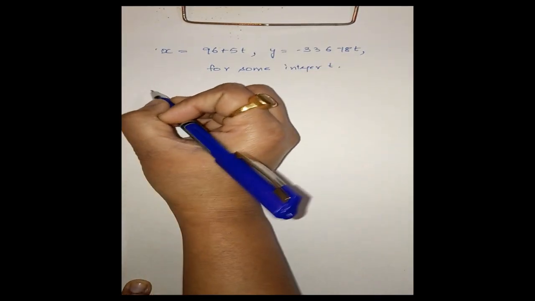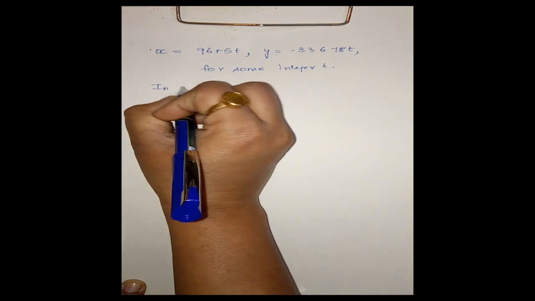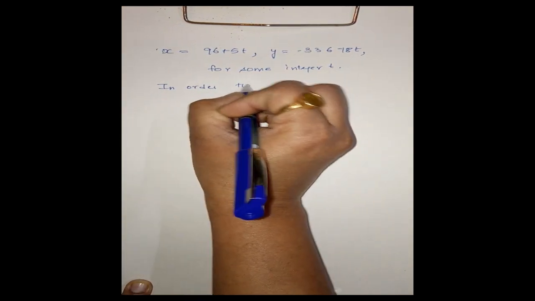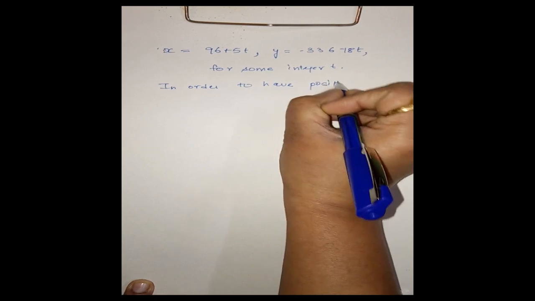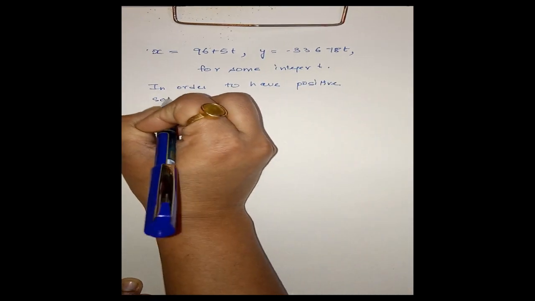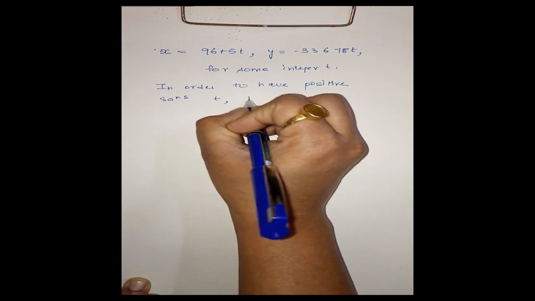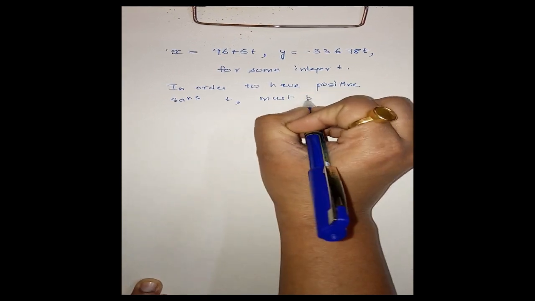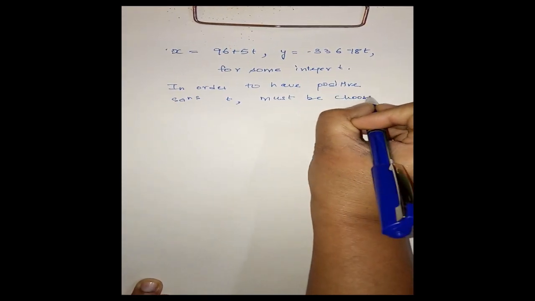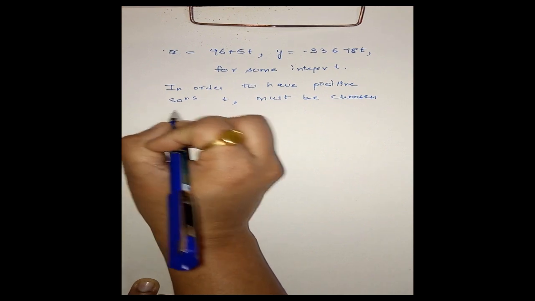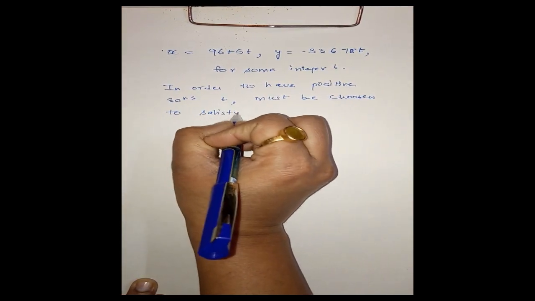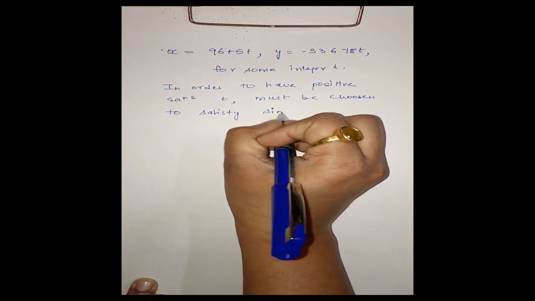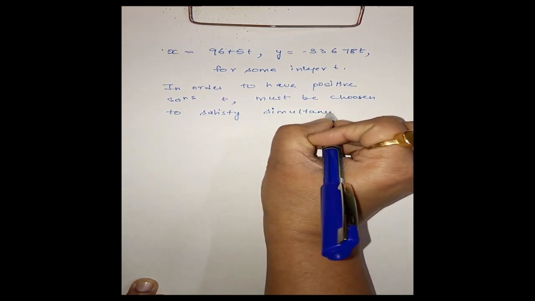Now, in order to have positive solutions, t must be chosen in such a way as to satisfy simultaneously the inequalities.